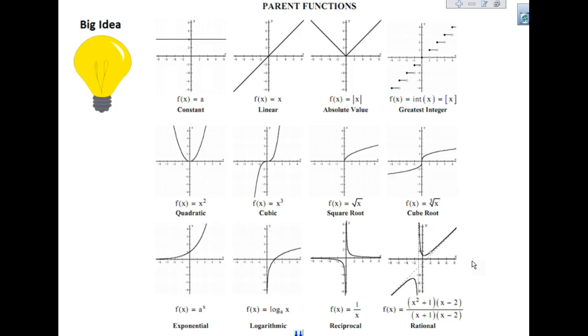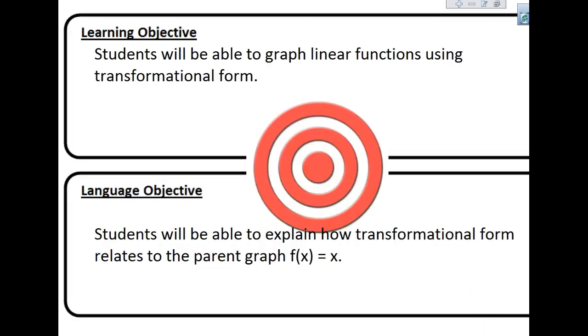They all pretty much change and move or transform in the same way, regardless of what kind of function it is. We're going to be focusing on linear straight lines today, but the same thing can be applied to all these different shapes and sizes that you'll find later in this class, and then in pre-calculus and calculus. They all move and translate and stretch in the same way.